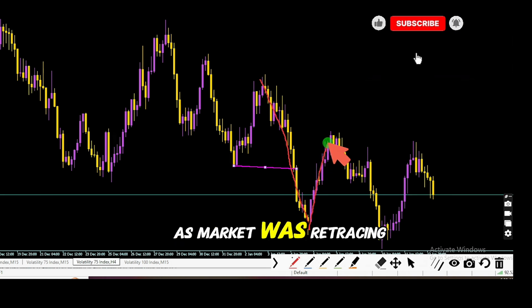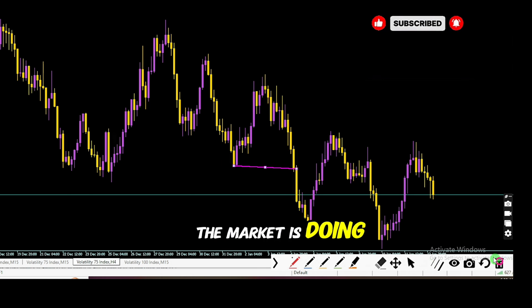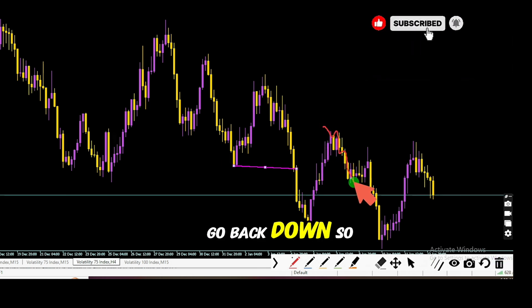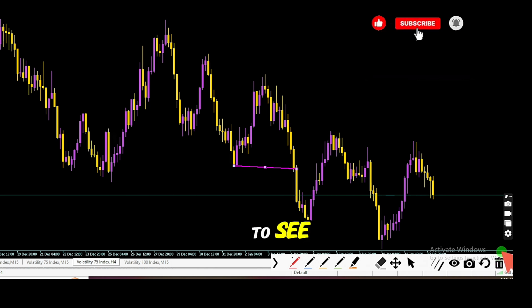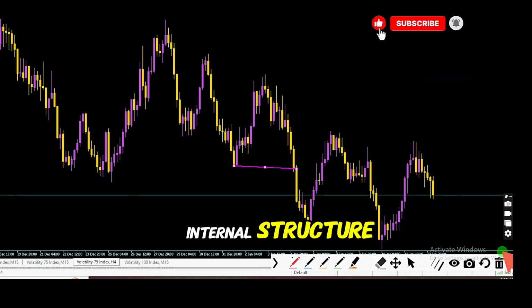As market was retracing, you don't actually know what the market is doing. You don't know when the market is trying to go back down. So that is where you need to see what is happening on the internal structure.